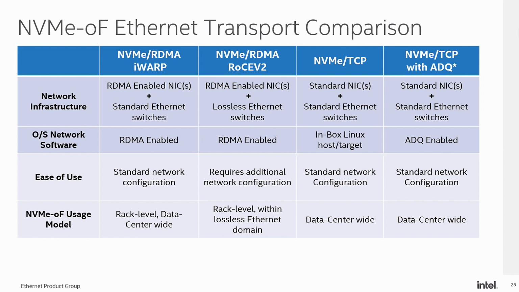And the RoCE one, as I mentioned before, needs lossless Ethernet switches, while iWARP uses standard ones. As you go over to TCP, here's where you can use a standard NIC, because it is typically using a software-based TCP stack, and then standard Ethernet switches. ADQ just provides optimizations over the top of the TCP.